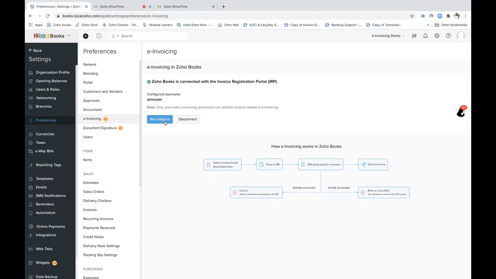Once I enable it, I'd be asked for the credentials. Ideally, if you have registered Zoho as a GSP in the eWaybill portal, you can use the same credentials. If not, you can generate a new credential from the IRP portal. Once you're done with this step, your IRP portal and Zoho Books would be connected. So now we are good to go.